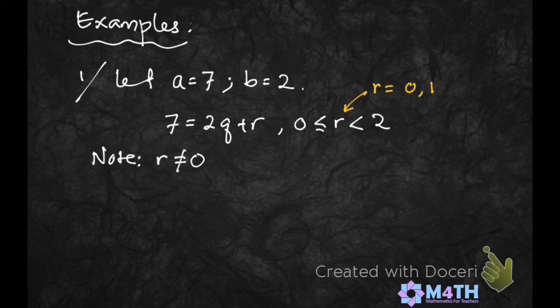So r must be equal to 1. When you substitute r equal to 1, q equals 3. So you get the equation 7 is 2 times 3 plus 1.